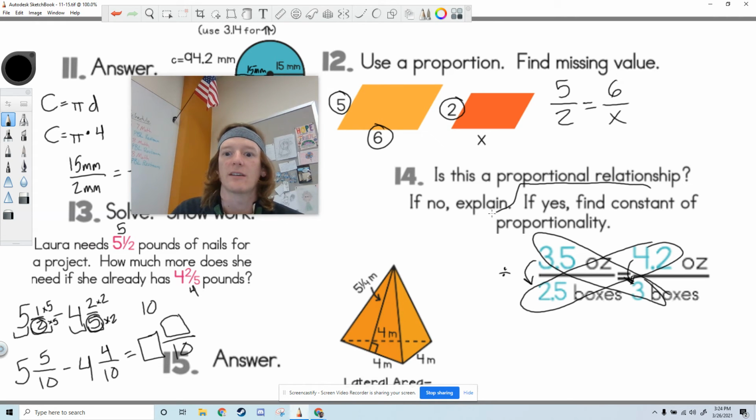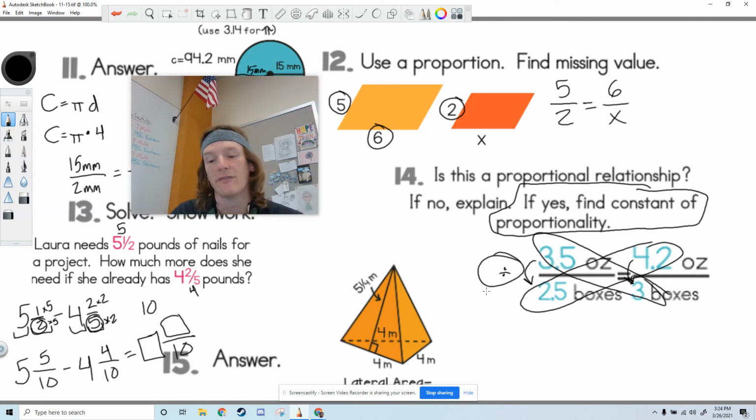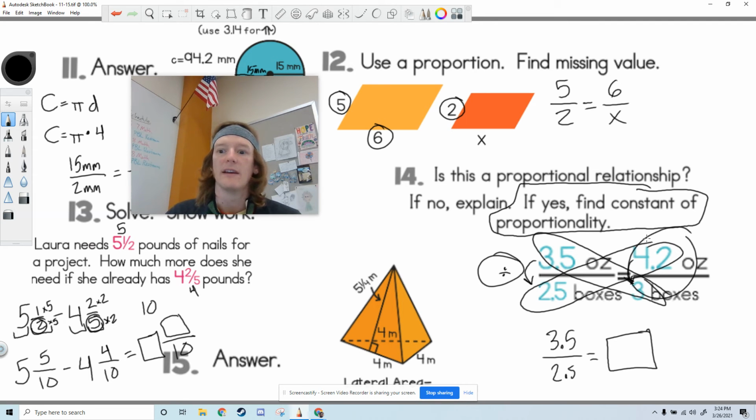But if we have this second part, if yes, find the constant of proportionality, that is the number you get when you divide. That's how they're related. So I would recommend just dividing the numerator by the denominator. Do 3.5 divided by 2.5. Tell me what that equals. This would be your constant if the one on the right is also the same.